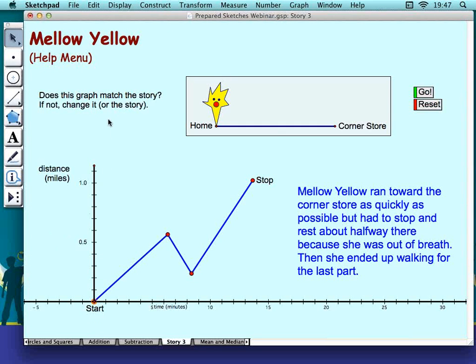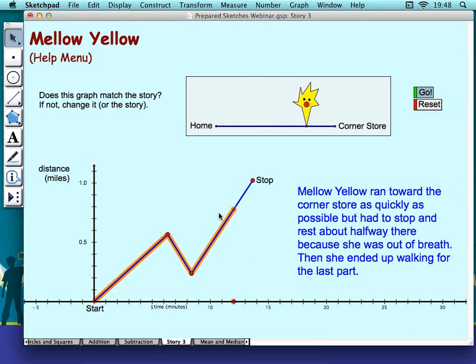In this activity, we have three different representations of motion. We have a motion graph, we have a story, and we have Mellow Yellow herself on the way to the corner store. If we click Go, then Mellow Yellow proceeds to the corner store based on whatever the graph looks like.